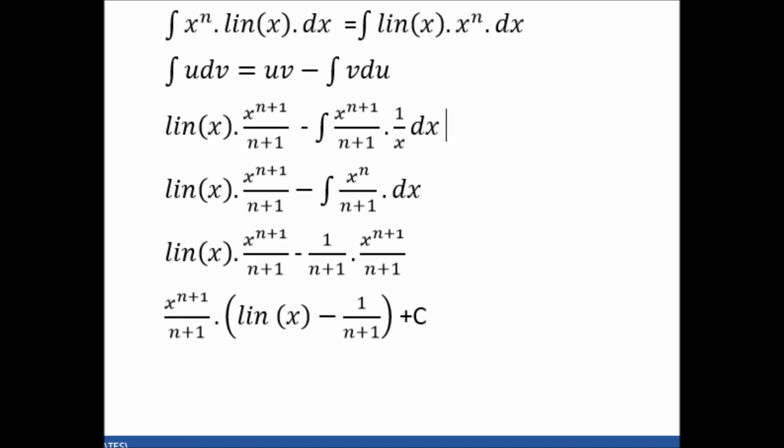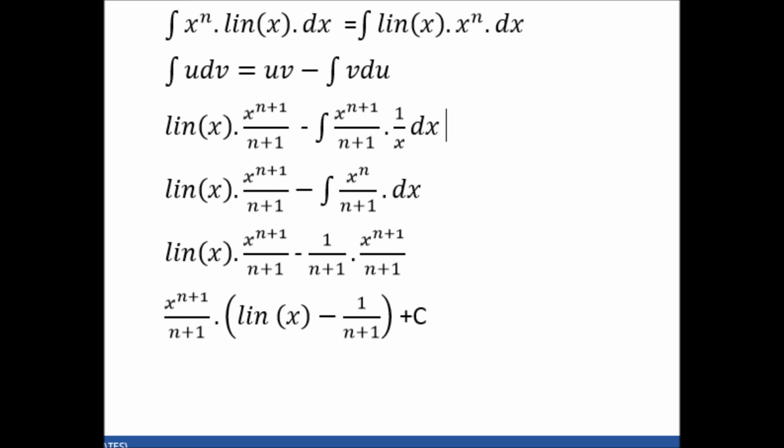Now in the next step, let's take the first term, ln x times x to the power n plus 1 over n plus 1, minus the integration. Let's take the 1 over n plus 1 out of the integral, and the integral of x to the power n would be x to the power n plus 1 over n plus 1.